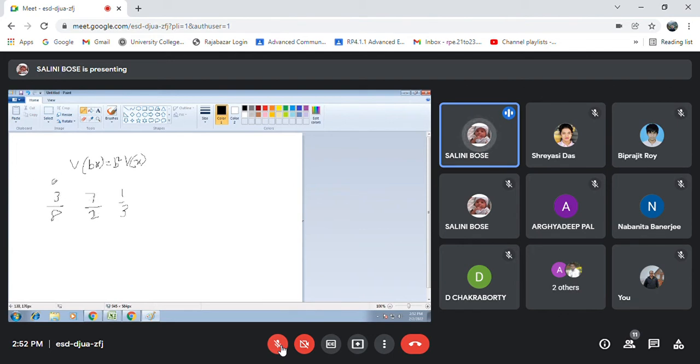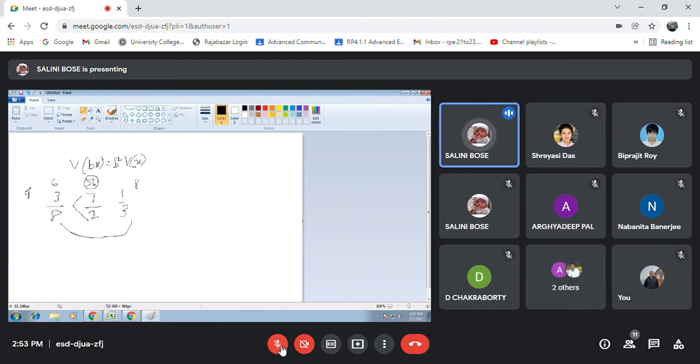3 into 2, how much? 6. 7 into 8, 56. So 56 is more than 6. So first we are comparing these two. So obviously 7 by 2 is more than 3 by 8. Now we will compare 3 by 8 with 1 by 3. Cross multiply: 3 threes are 9 and 8 into 1 is 8.